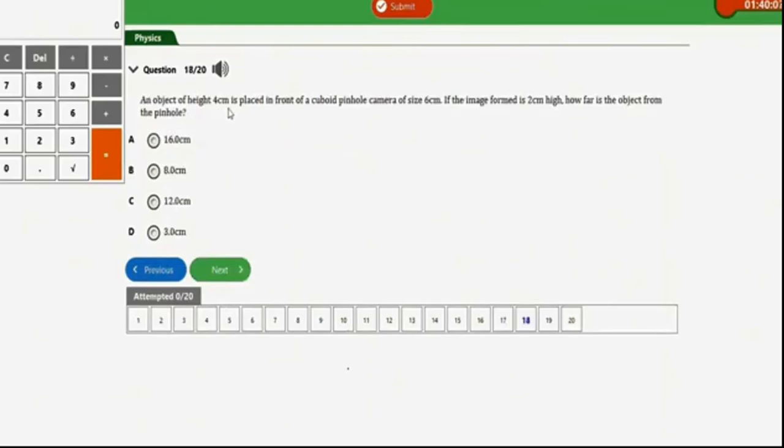An object of height 4 cm is placed in front of a cuboid pinhole camera of size 6 cm. If the image formed is 2 cm, how far is the object from the pinhole? Okay, so in this question we are still looking for the object distance. Our basic formula is v over u equals hi over ho.